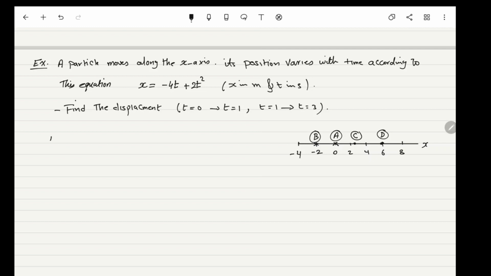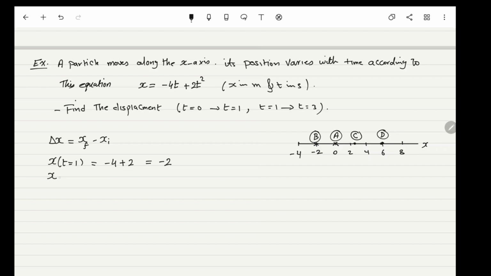So displacement here equals x final minus x initial. During the time interval from 0 to 1, the position x when t equals 1, you just substitute this value back in this equation, equals -4 plus 2, which equals -2.